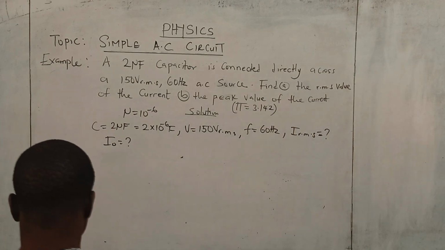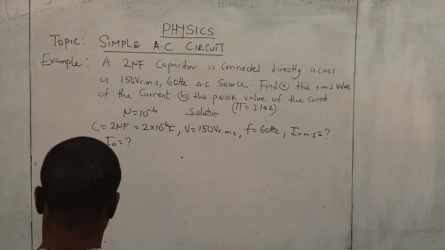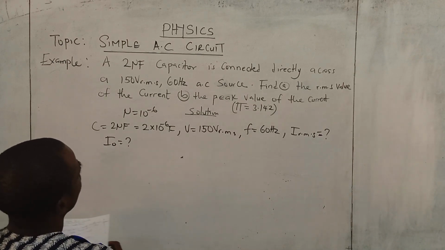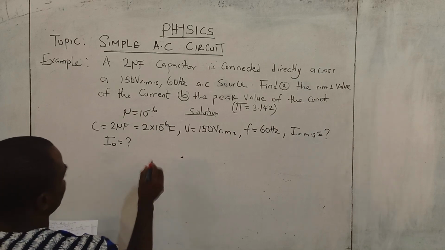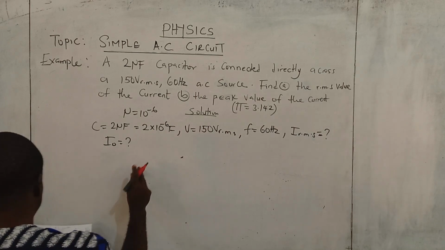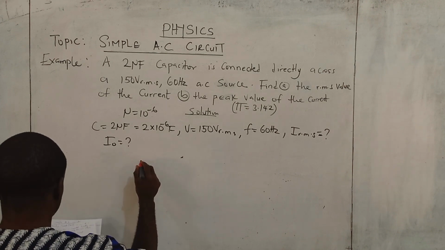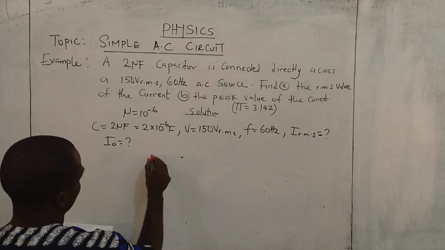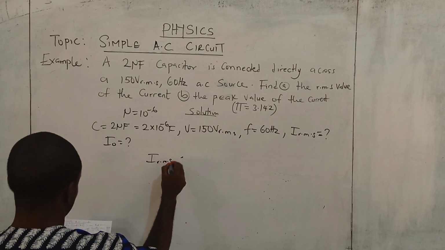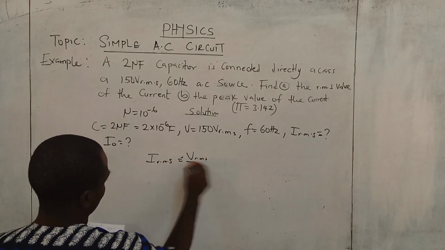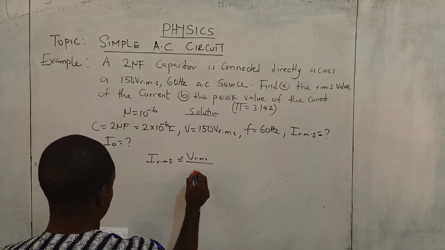From here, what formula are we to use? Since we are looking for the current, I root mean square, we have to look for Xc first, because the formula we are going to use is I root mean square equals V root mean square over Xc.